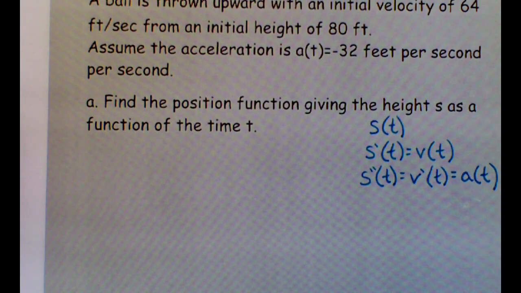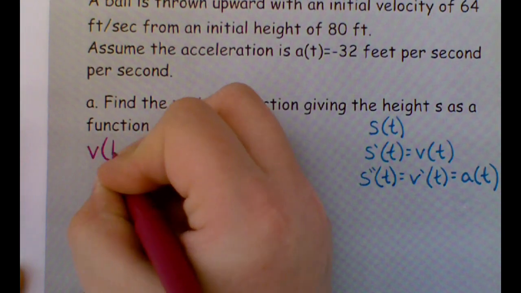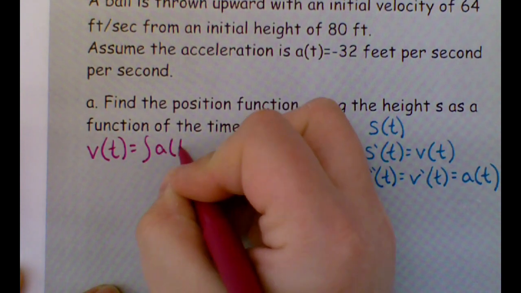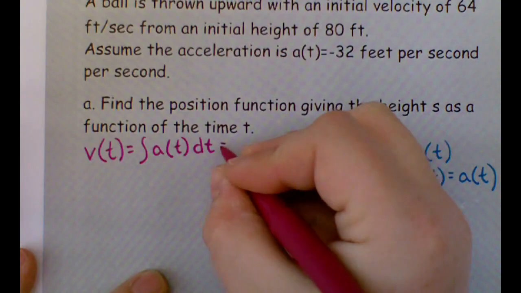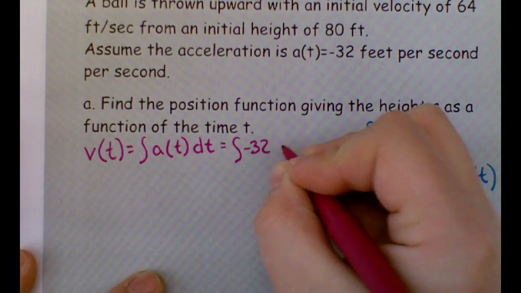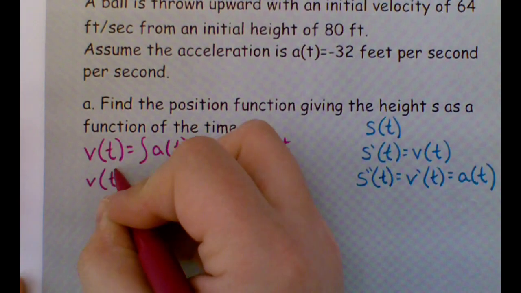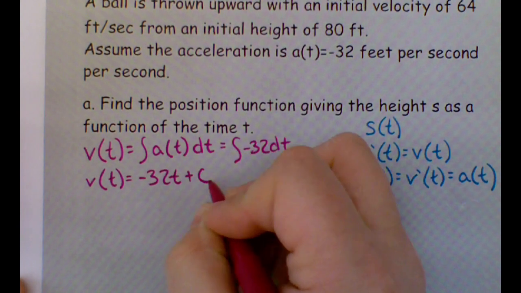So I know my acceleration function was negative 32. So the velocity function can be given by the antiderivative of the acceleration function with respect to t, which is the antiderivative of negative 32 dt, which means that my velocity function is negative 32t plus c.